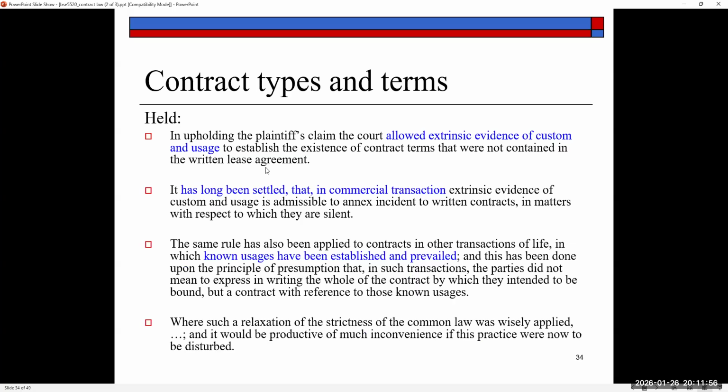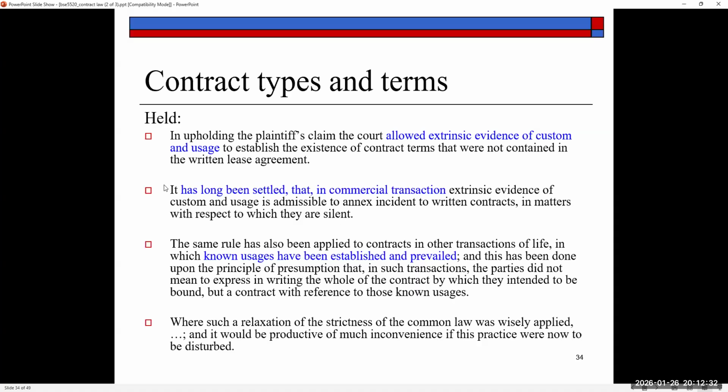So what was held? The court allowed extrinsic evidence, coming from outside the contract, of custom and usage. This extrinsic custom and usage was not covered by the terms of the contract. But it has long been settled that in commercial transactions, known usages have been established and prevailed.